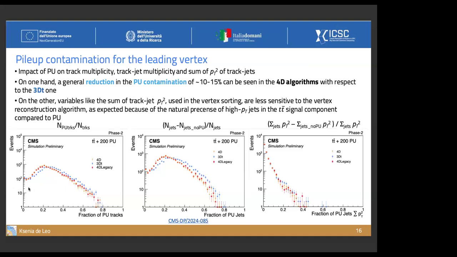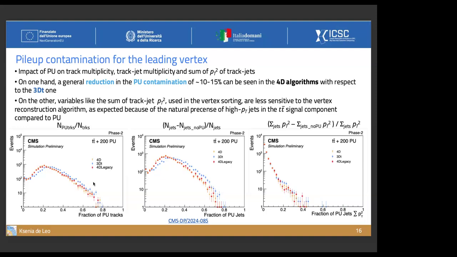So here I'm showing you the results, again, for the leading vertex. And I show you the relative contribution of pileup on the track multiplicity on the left-hand side, on the jet multiplicity in the center, and on the sum of pT squared of jets on the right.